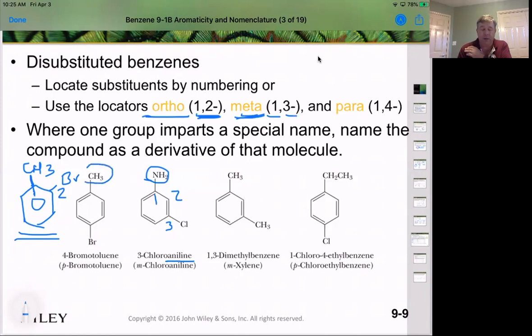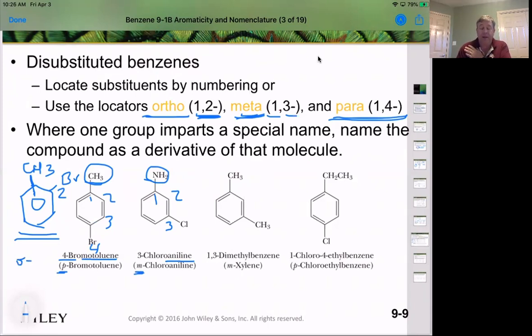We have toluene right here because of the methyl group here, names it there. And we have the 1, 2, 3, 4 position here, which makes it 4-bromotoluene, or we would call that 1,4 substitution, called para substitution. So that's what this little P stands for, is para. This little M stands for meta, and if we have ortho, it'd be a little teeny O. It would be ortho substituting.